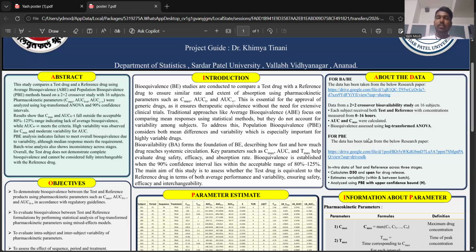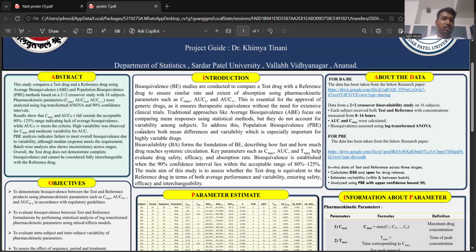Bioequivalence was assessed using log-transformed ANOVA. Secondly, we see the PBE data, with the research paper link, where in vitro data of test and reference across three stages. First is calculating D50 and span for drug release. Second is estimating variability. And third is analyzing using PBE with the upper confidence bound.